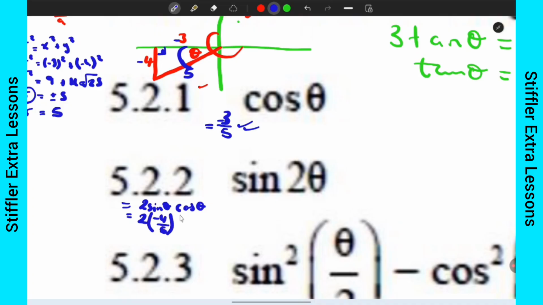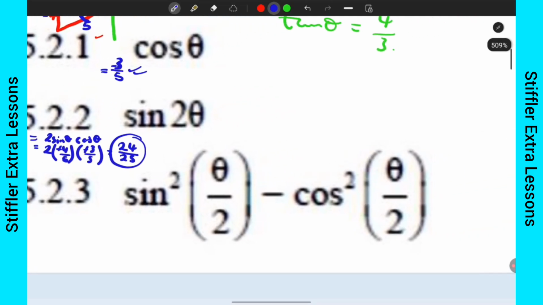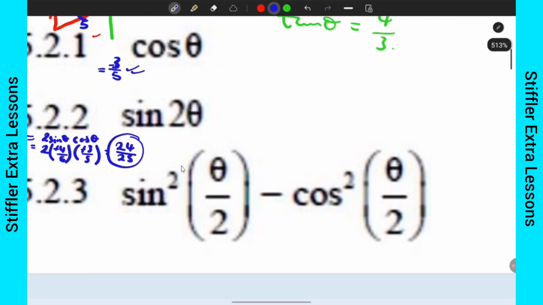And our cos of theta, we have already found out that it is negative 3 over 5. So now we can multiply out. Negative multiplied by negative will give us a positive value. So 2 multiplied by 4, that's 8, multiplied by 3, that's 24. So this will be 24 over 25, just like that.